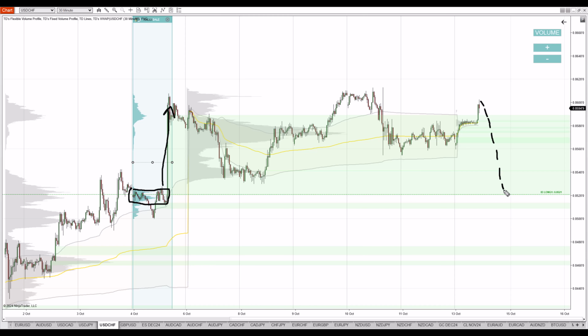So we just need to wait for a pullback, and when it occurs, then take it from there, because chances are that buyers from here who pushed the price aggressively before will become active again at this place, which is clearly important for them, and they'll want to push the price up from there again.